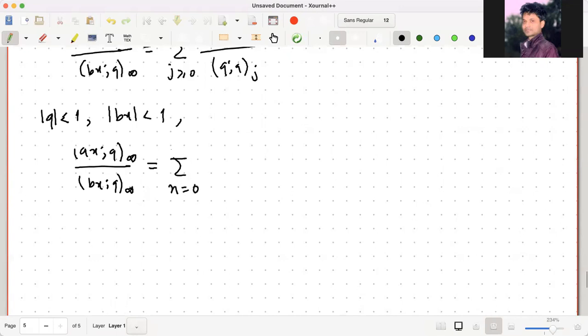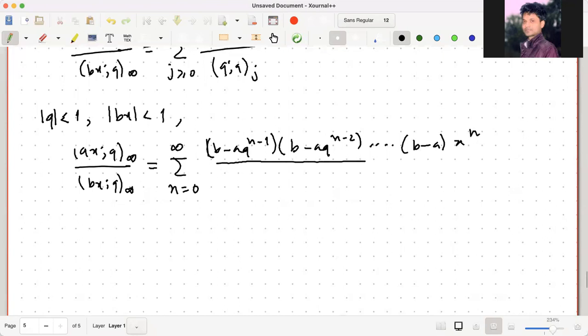So n goes from 0 to infinity, (b minus aq^(n-1)), (b minus aq^(n-2)), and so on up to (b minus a), x to the power n, divided by (q)_n.